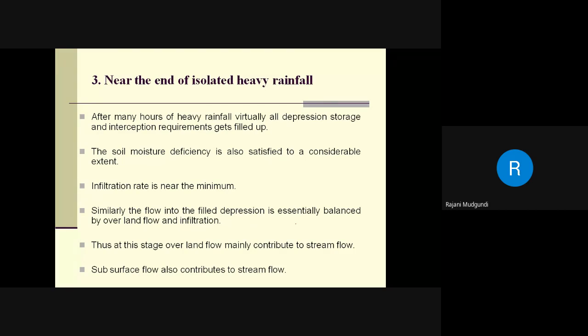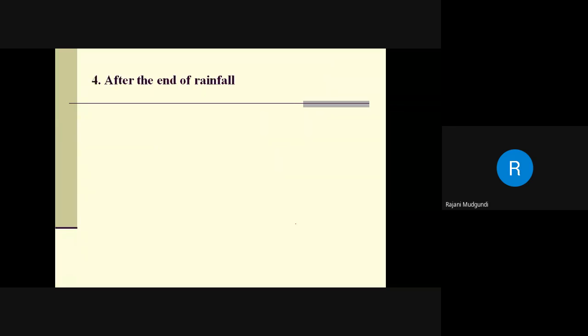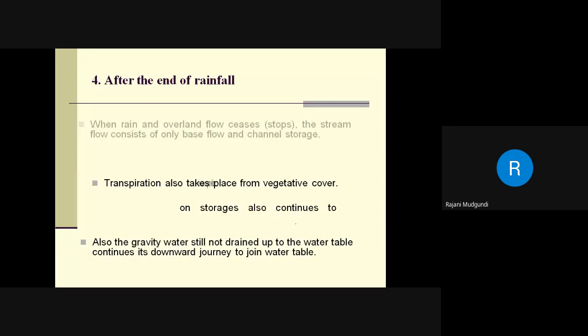The reason for that is the overland flow water is flowing from one part to another, it will join the river. Subsurface flow also contributes to the stream flow, or say groundwater flow will also contribute to the stream flow.